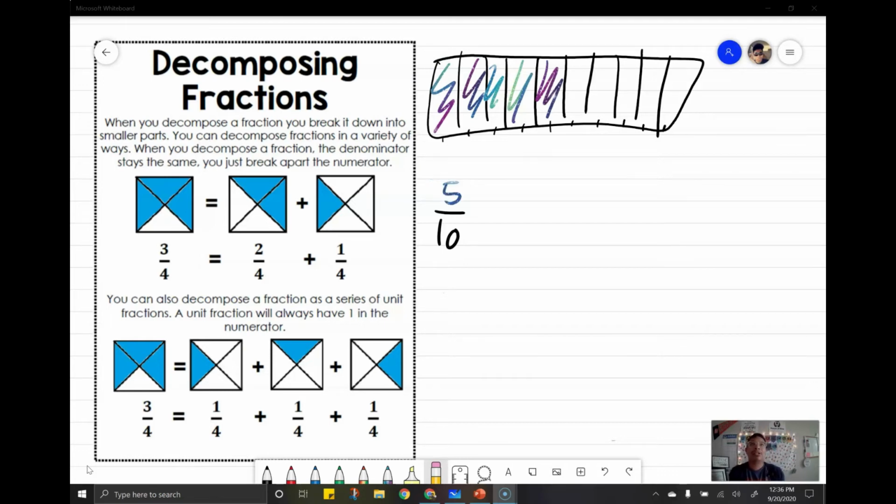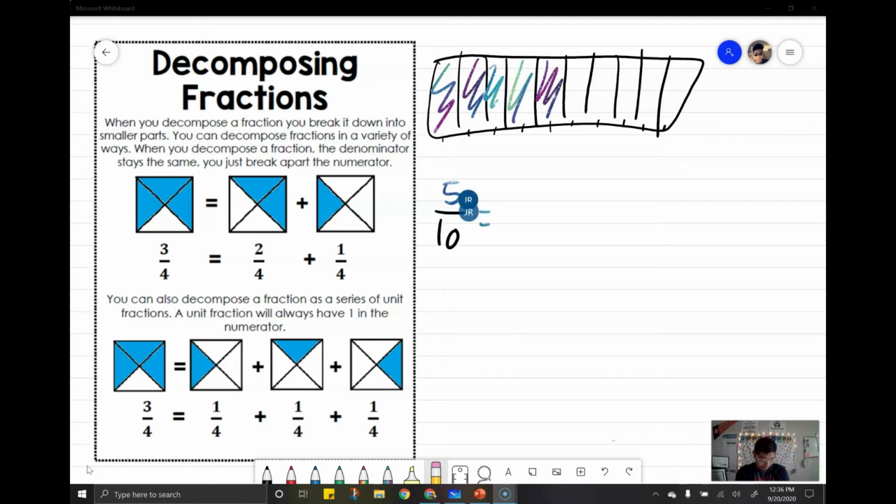Okay, so let's first decompose this fraction into its unit fractions, okay? You go ahead and do it first. I'll wait right here. Remember, a unit fraction means my 1 has to be on top, because it's one part of that. Alright, let's see if we got the same thing.